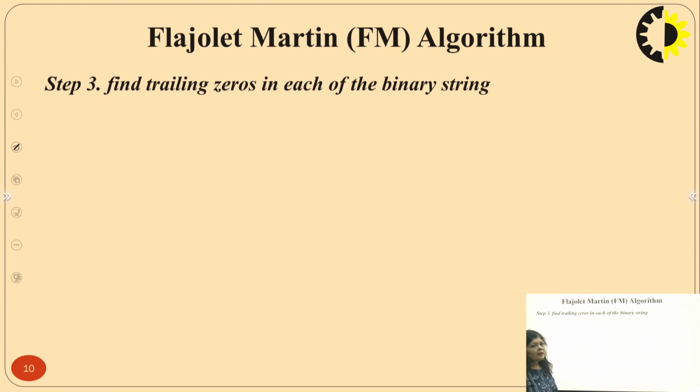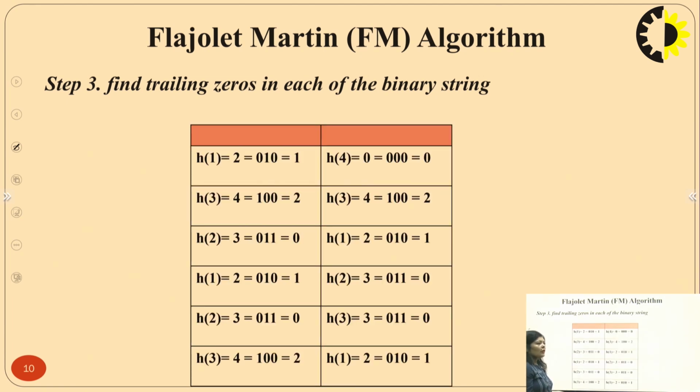Now we move to the next step. In step 3, we need to find the trailing zeros from each of these binary strings that we created in step 2. How are we going to do that? For counting the trailing zeros, we start from the right-hand side of the binary string and see how many zeros we get, moving towards the left-hand side until we encounter a 1.